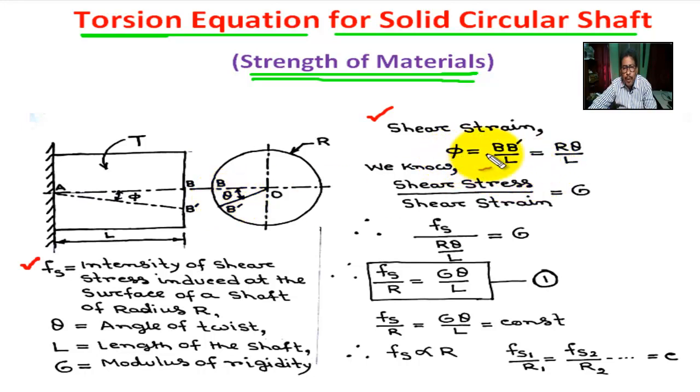So phi equals B dash by L, which equals R theta by L.